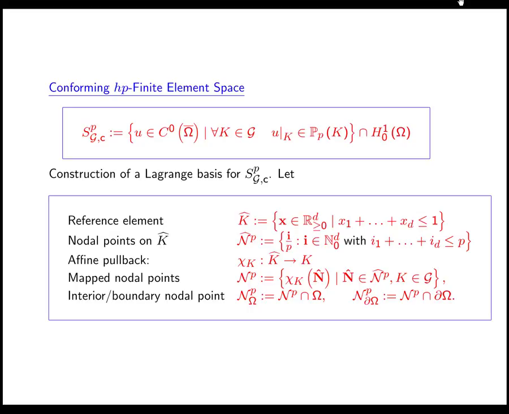And if one wants to compute, one needs a basis. This is somehow an implicit definition, and one needs a basis, and of course we all know this concept of affine equivalence. One goes to the reference element. Quantities on the reference elements always have a hat on top, and these affine pullback.